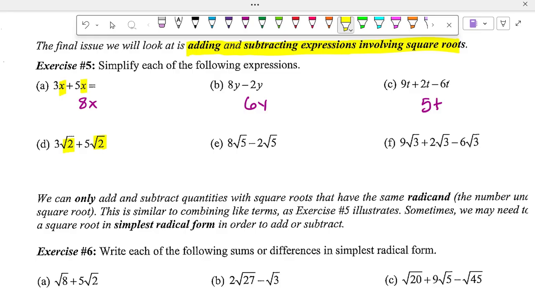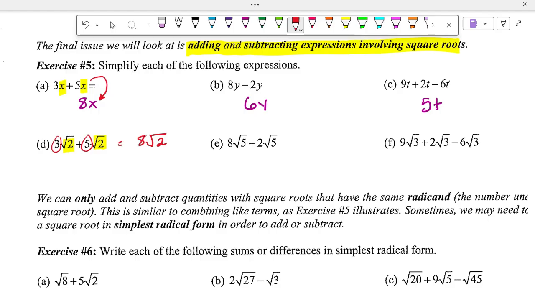So all I would have to do here is my final answer is going to contain a square root of 2. That's just a definite. Just like how up here our final answer contained that x. Now we can just add the 3 and the 5 on the outside. So that would be what?